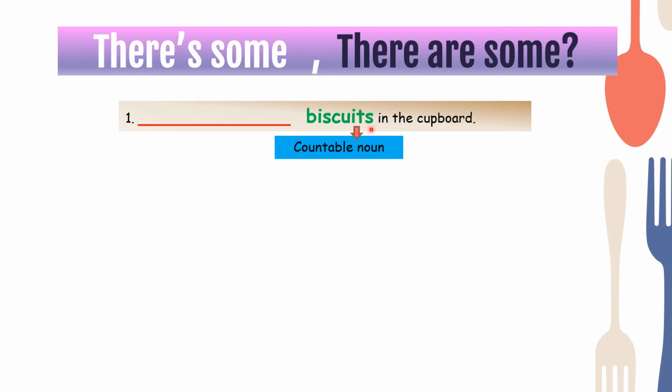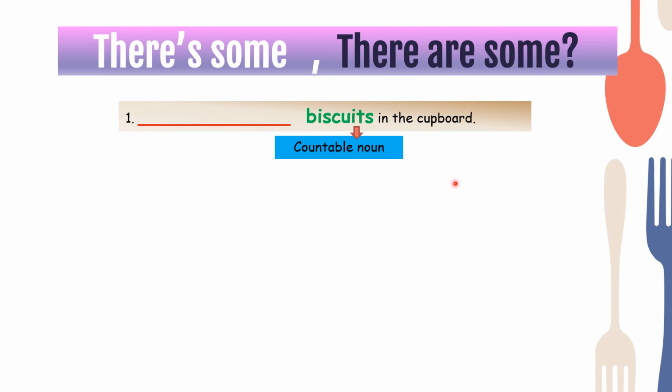Because it ends with the letter S. If the noun ends with the letter S, meaning to say it can become plural. If it can become plural, then it is countable noun. So, which phrase is most suitable to be filled in this question? Is it there's some or there are some? Try to make a wild guess.